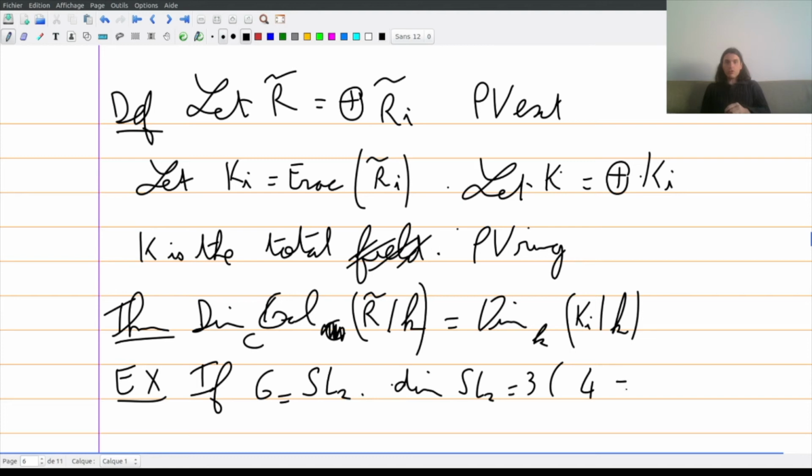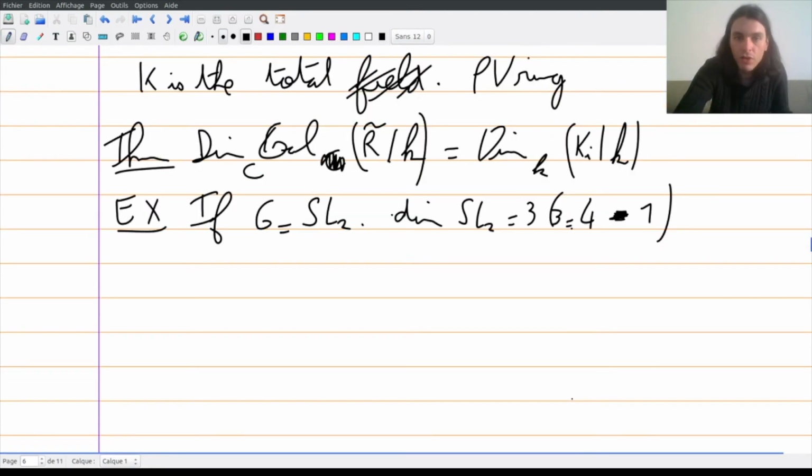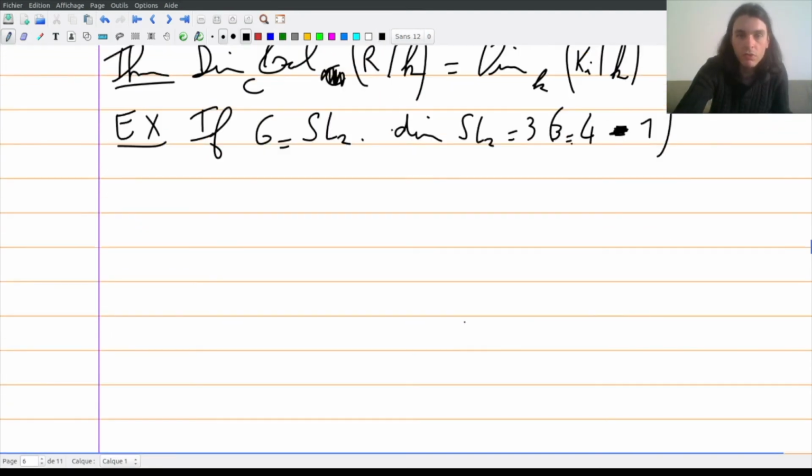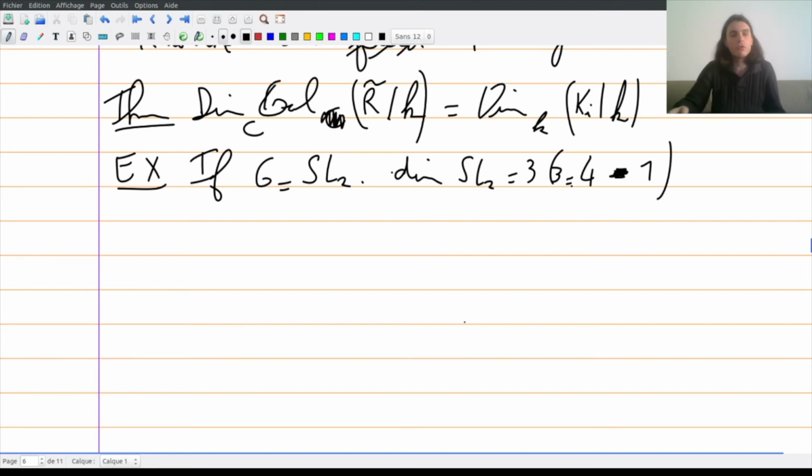So you have 4 indeterminates and you have one relation, so it's 4 minus 1. I will not define very precisely what is the dimension of an algebraic group. It's a notion that is quite classical, but not so easy to define properly. It's just what you think.